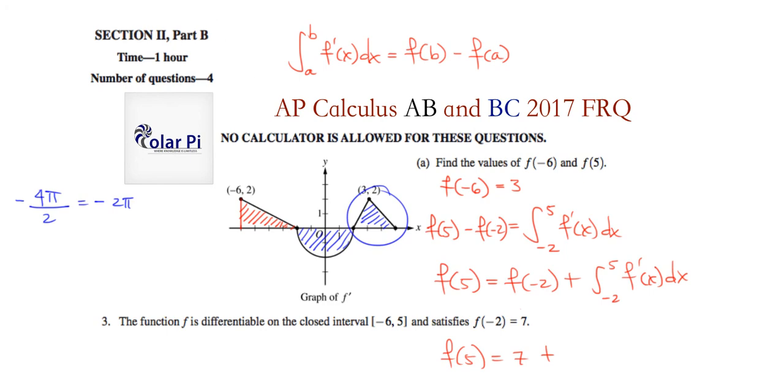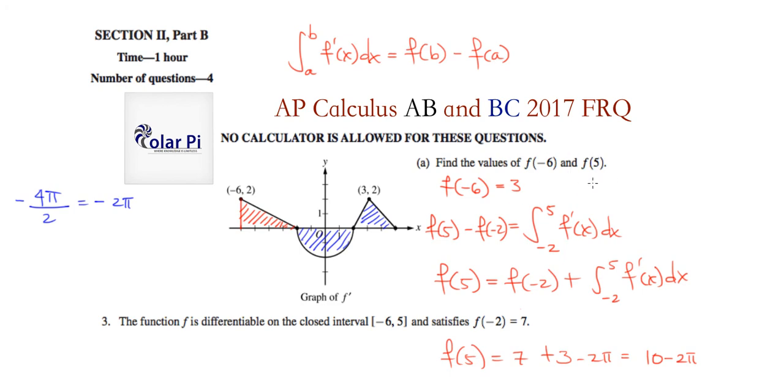But it's positive because it's above the x-axis. So this here has value 3 minus 2 pi. So what we have to add onto 7 is 3 minus 2 pi, which means that we have 10 minus 2 pi as our answer to what f of 5 is.